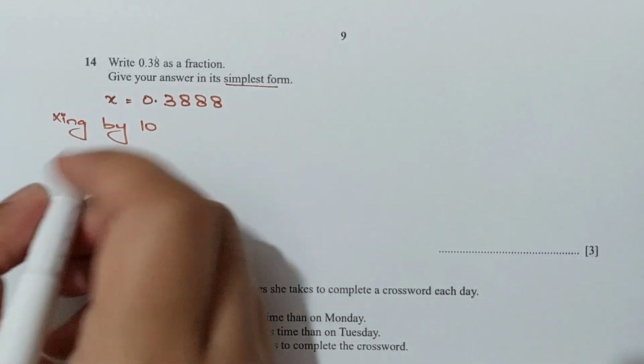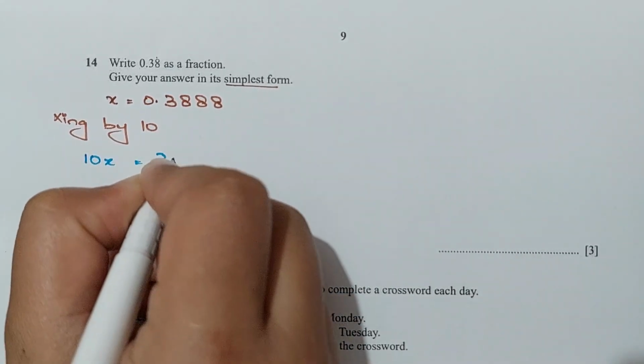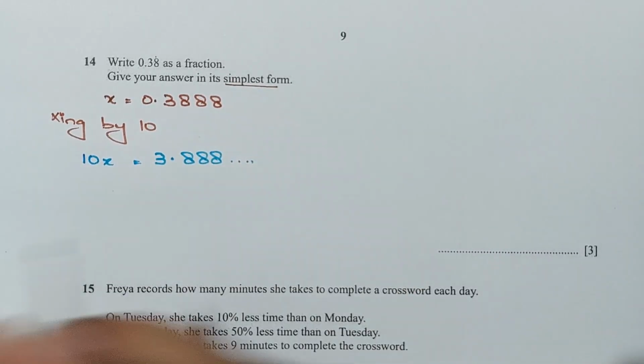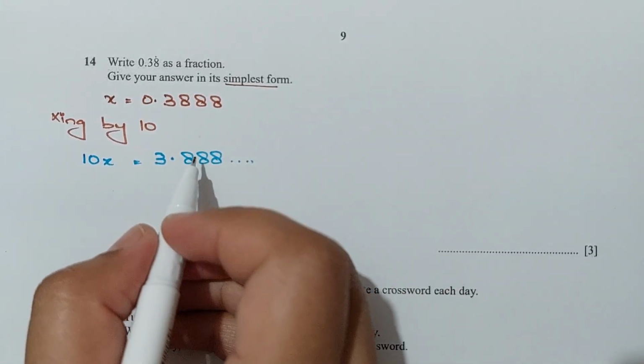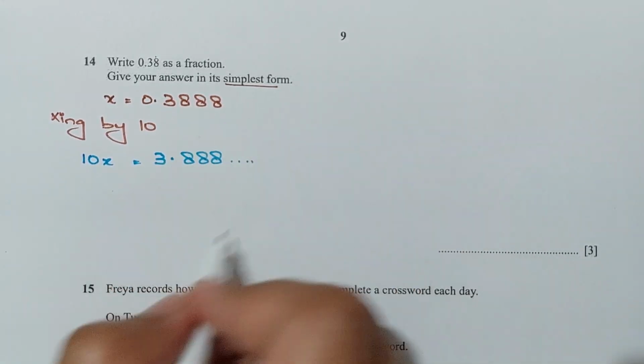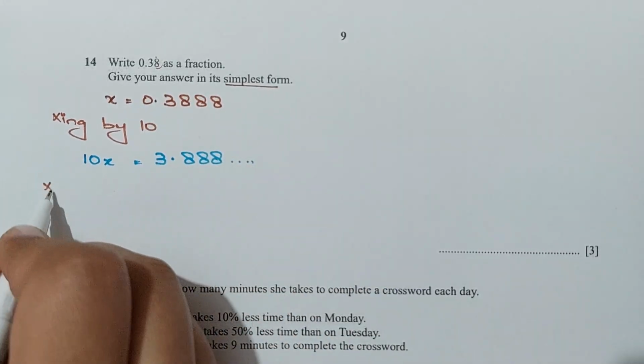When multiplying by 10, 10 times x is 10x, and this is 3.888 recurring. Now the next step is to move the repeating digits before the decimal. Since there is just one repeating digit, multiply by 10.